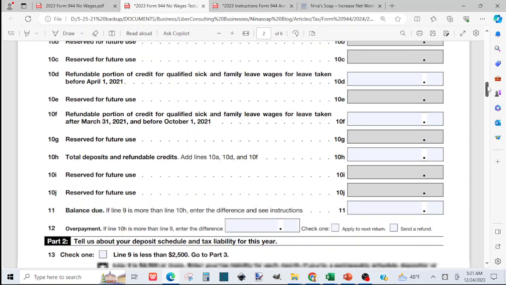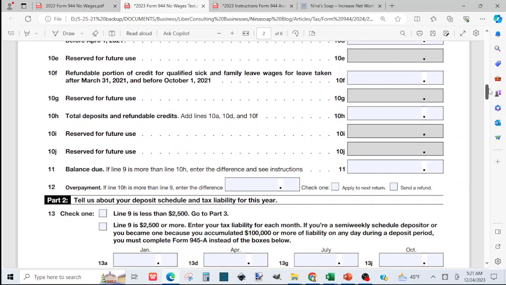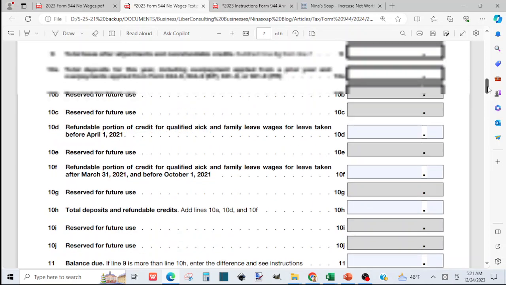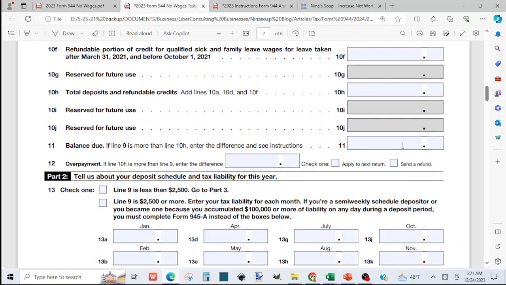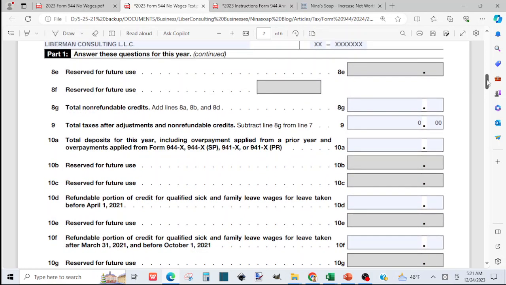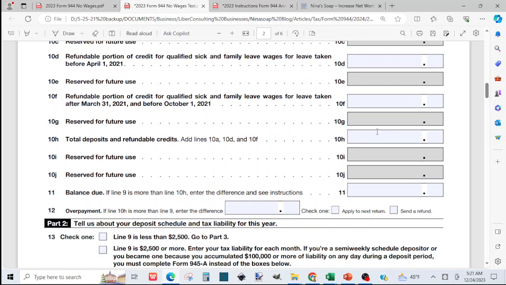Since our line 10H is 0 and our line 9 is 0, therefore there is nothing to enter. If you owe money, meaning the total tax on line 9 is more than the total deposit and refundable credit on line 10H, you owe money. Therefore, that difference will be on line 11.